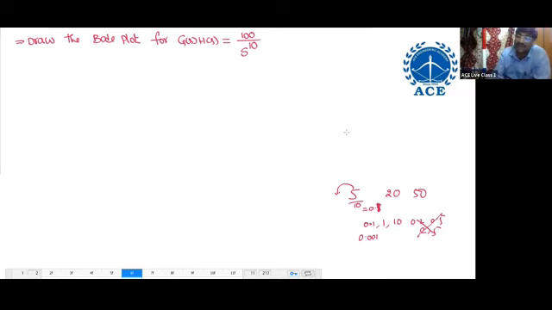Because in the Semilog sheet there are lines like this, 1, 2, 3, up to 9, again 1, 2, like this. So the multiplication factor should consist of 1 only. For a group of frequencies, the multiplication factor should consist of 1 only.